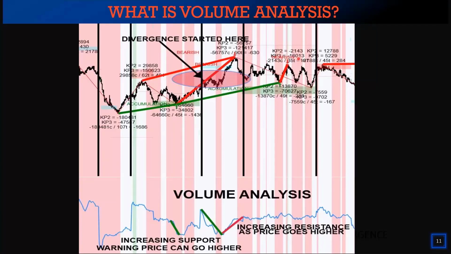That number was only a 2,000 share difference. So you can pretty much guess which one was the stronger of the two signals. And again, this is what I call special divergence, where we're measuring from a low to a high or a high to a low.